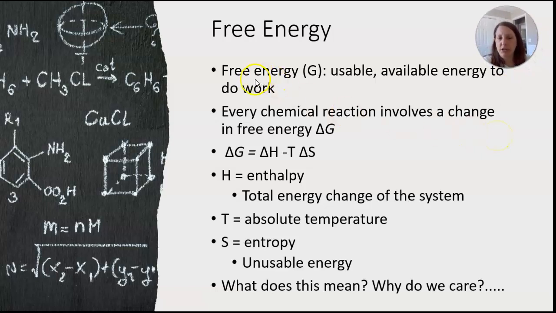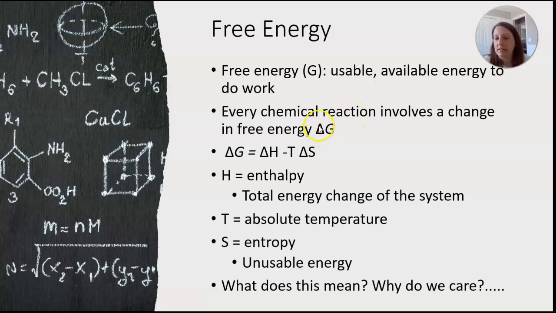So free energy, which is represented by the capital letter G, which stands for Gibbs free energy, is going to represent the amount of usable, available energy in a cell or whatever system we're looking at that's available to do work. Okay? And so every chemical reaction that takes place is going to change that amount.